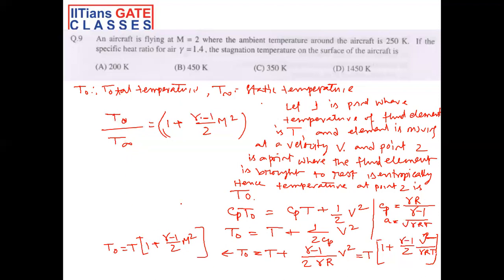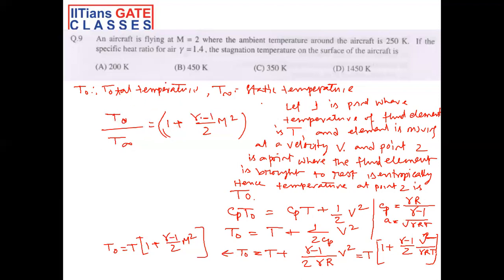Now this is how this expression is obtained, but it is advisable that one should remember this expression, because this is a very vital relation in gas dynamics and propulsion, and you should be able to directly employ this equation when this question is asked.